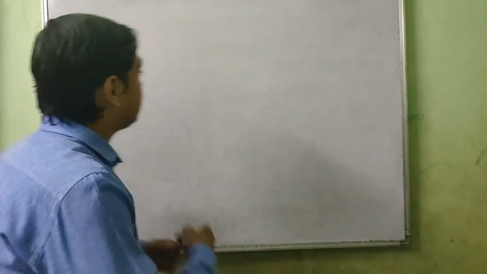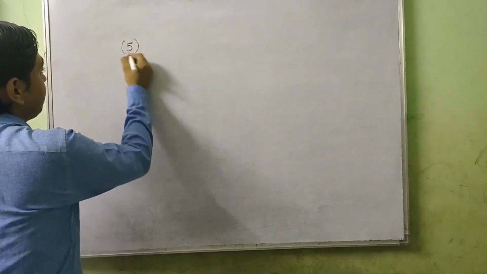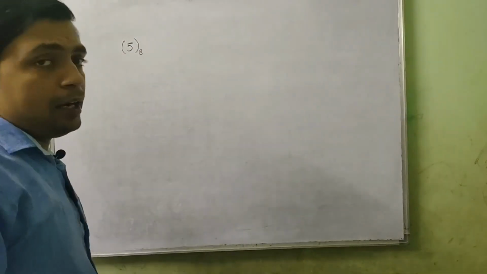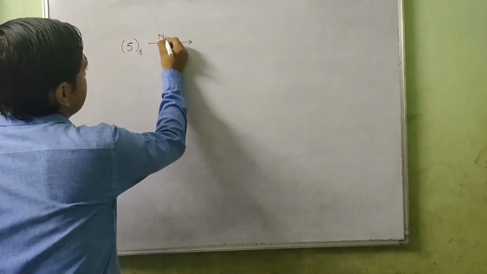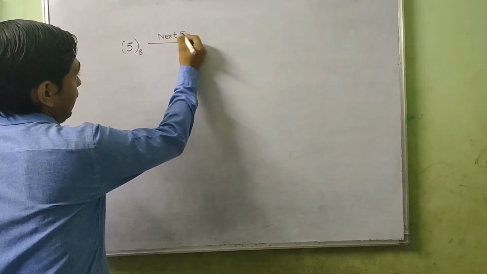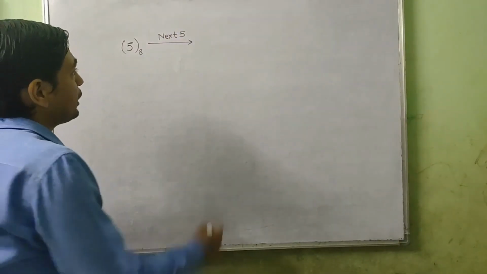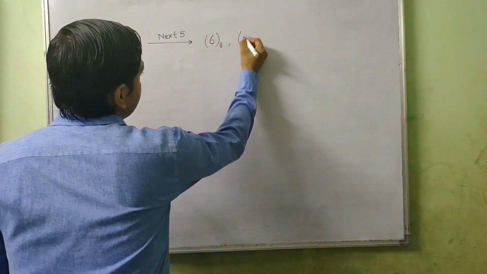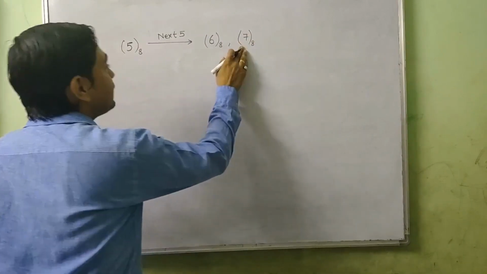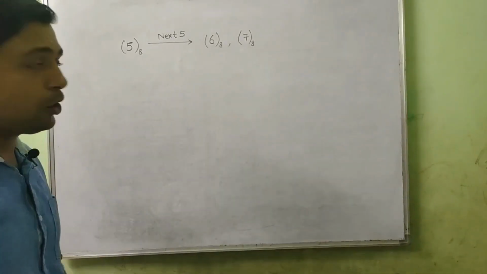So for example, let's see 5 to the base 8, that means 5 in octal. What will be the next 5 numbers in octal? Of course, we are in octal, the next digit will be 6. After 6, the next digit will be 7, and you know this is the largest single digit number in octal.